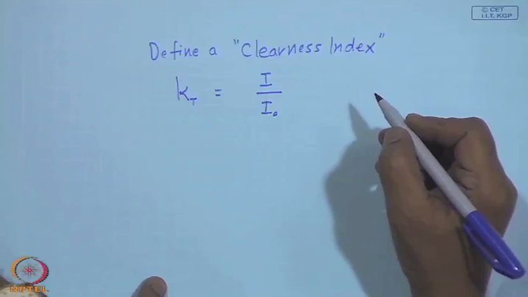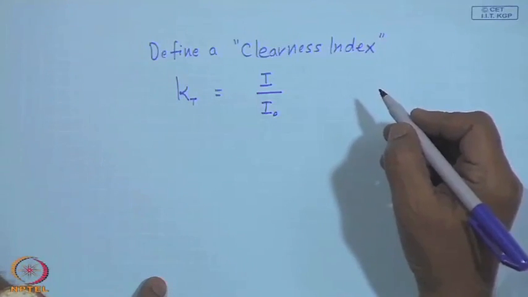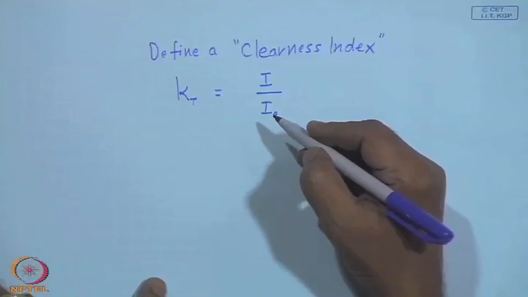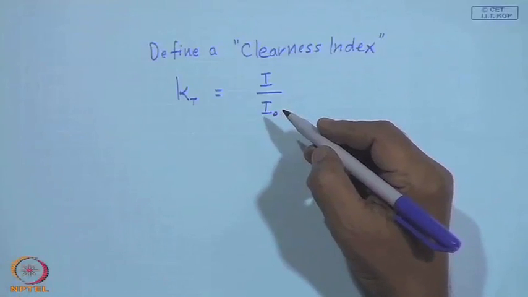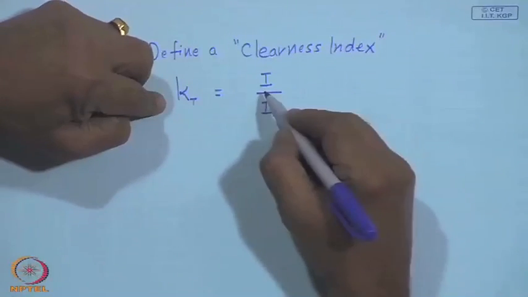Basically, if the clearness index is given to you, you can find out I, because you know I0. But of course, to get the clearness index you should know I.